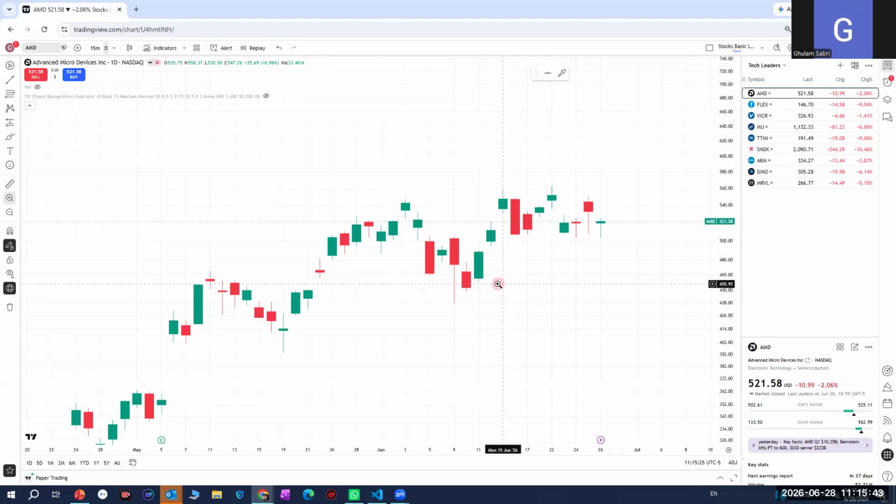Actually, it opened at this point 461 and closed at 488. Because it is a daily chart, each candle is showing one day. So this is 11th of June, this is 12th of June, and this is 15th of June.